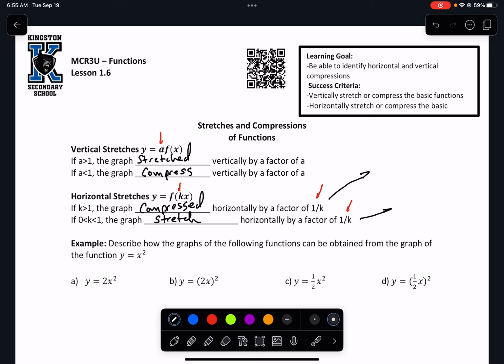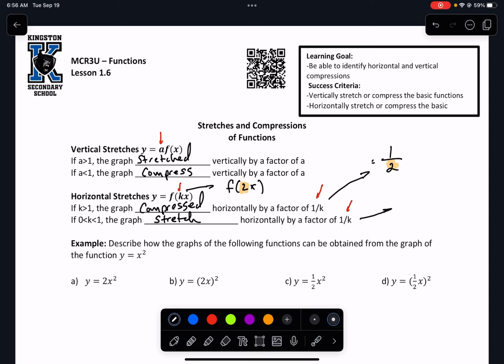So for the compression, you'll notice if k is greater than 1, the graph is compressed horizontally by a factor of 1 over k. This is important, the 1 over k piece. Let's say f is going to be 2x. The k value is the 2. So that's what's going to get put down here, and so you can see the compression happening.